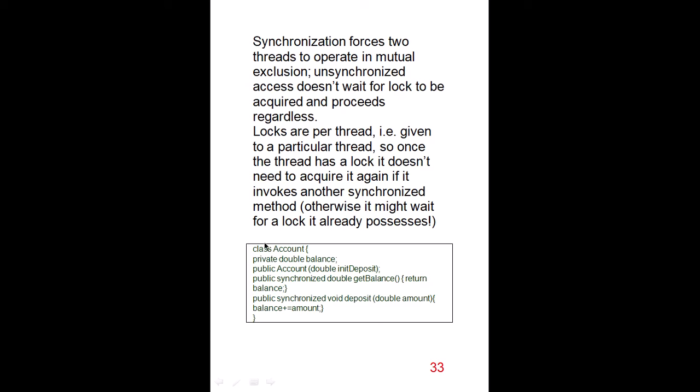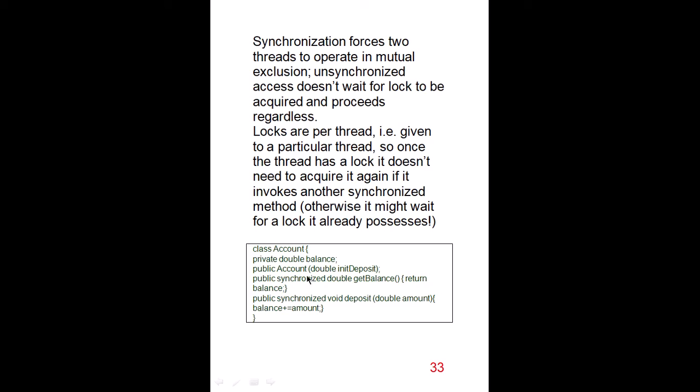So let's have a look at the class Account. It's got a variable called balance, which represents a double, and it's private. It's only visible within this class. There's a constructor which is going to initialize the balance, representing the initial deposit.